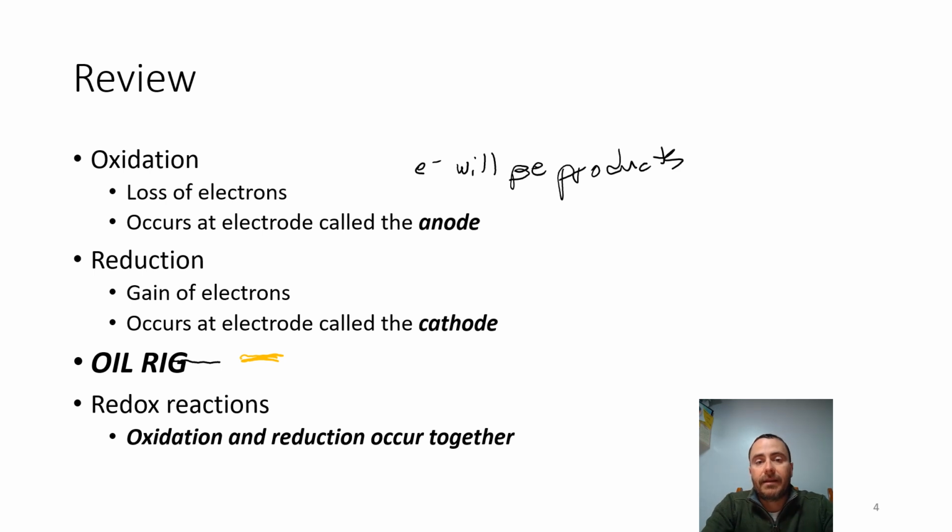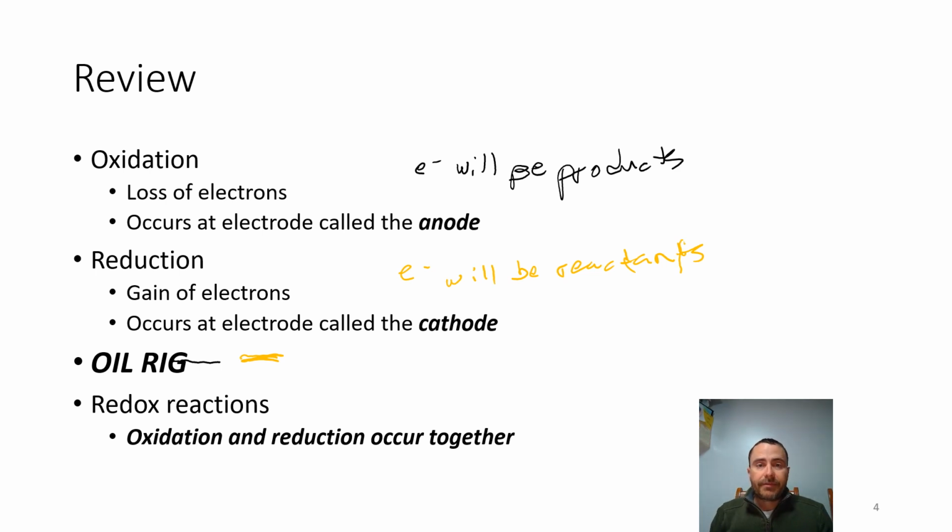And electrons will be reactants in our half reactions. So if you see an electron as a reactant, in your head you should say, oh, that's got to be the reduction half reaction.